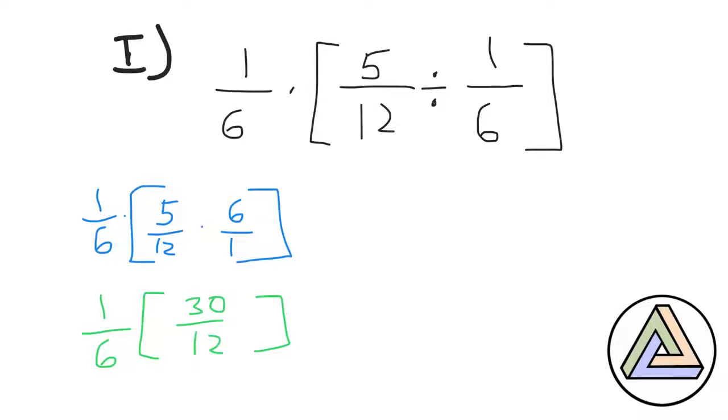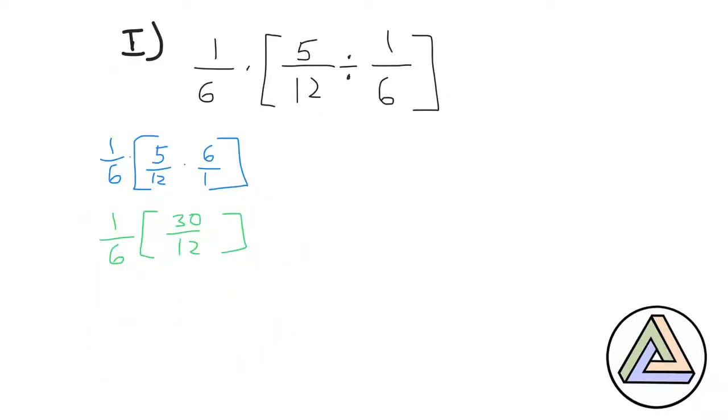Now, 30 over 12 could most definitely be reduced because this is divisible by 6 and this is divisible by 6. So we could rewrite this as 1/6 times 30 divided by 6. Once again, the GCF of 30 and 12 is 6.